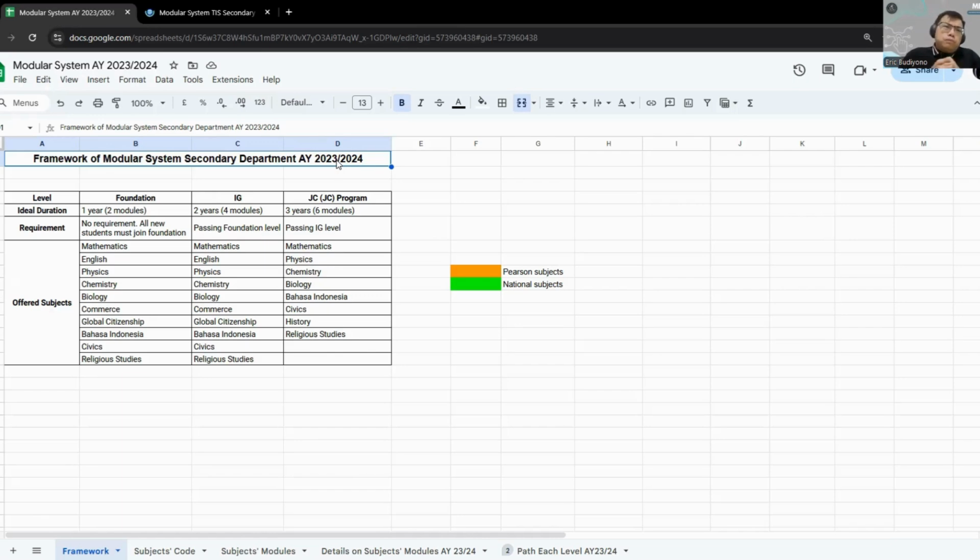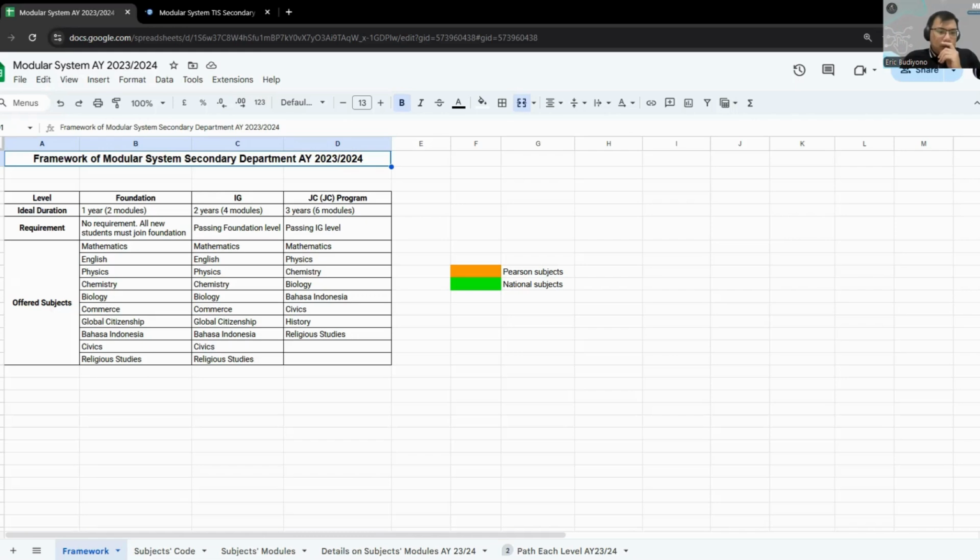At the beginning of the modular system, we were thinking of trying not to give that big of a shock to everybody. But last academic year, we made it for everybody, from grade 7 to grade 12, to have this modular system.